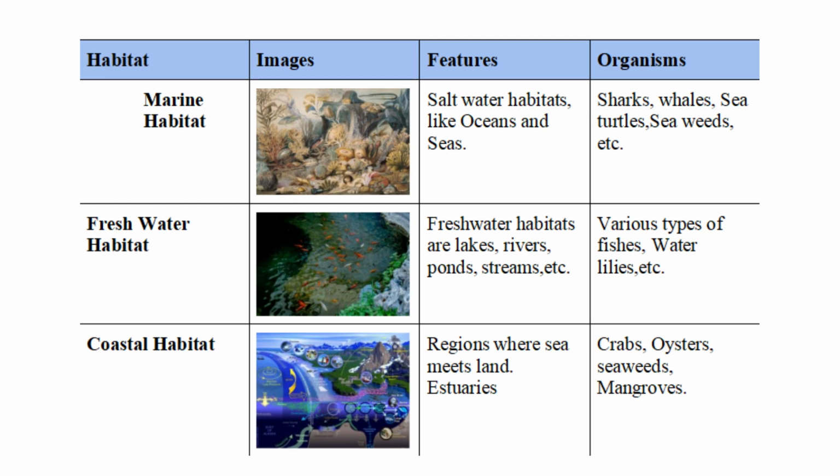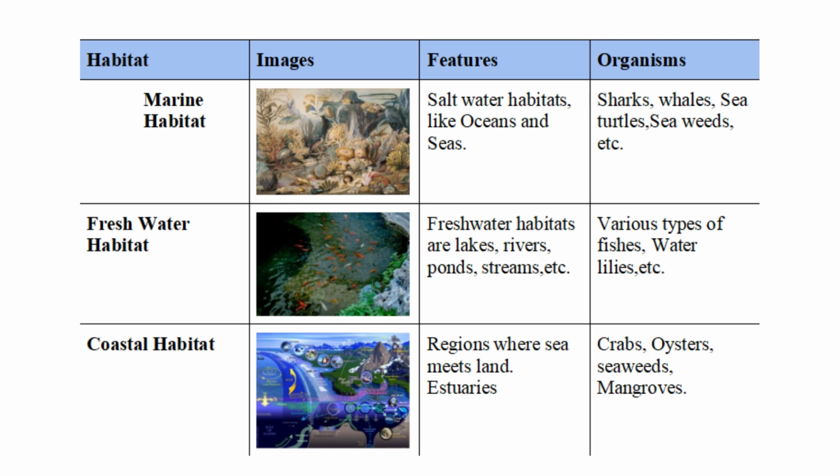Marine habitat is characterized by features such as salt water, which is found usually in oceans and seas. The organisms found there are namely sharks, whales, sea turtles, seaweeds, etc. The freshwater habitats are those characterized by fresh water, such as lakes, rivers, ponds, streams.